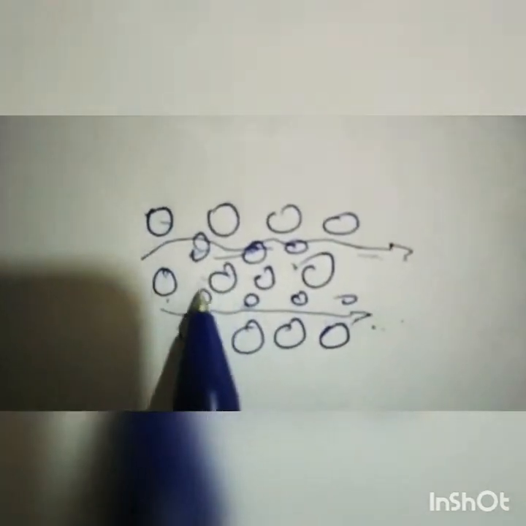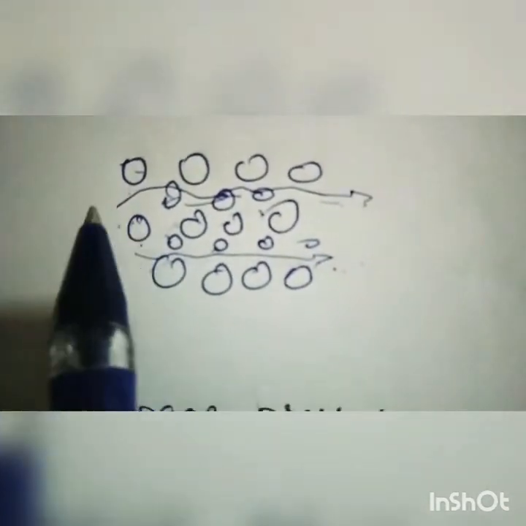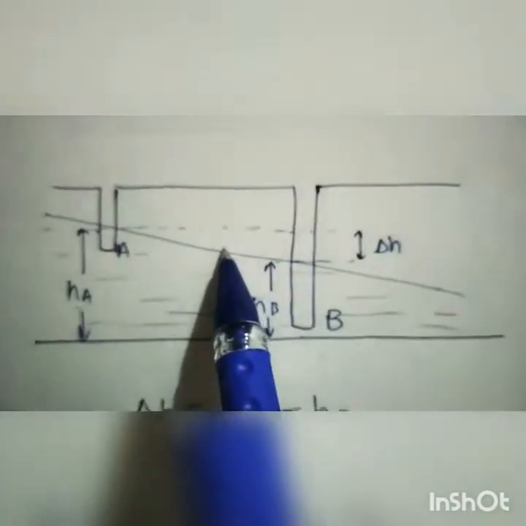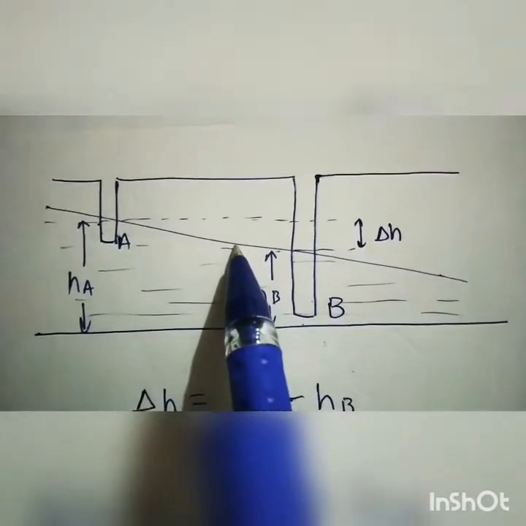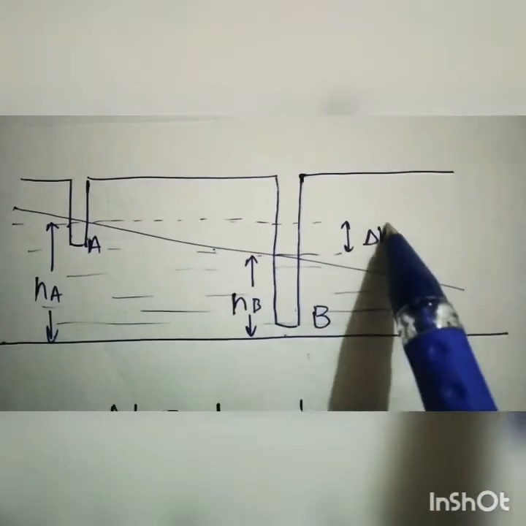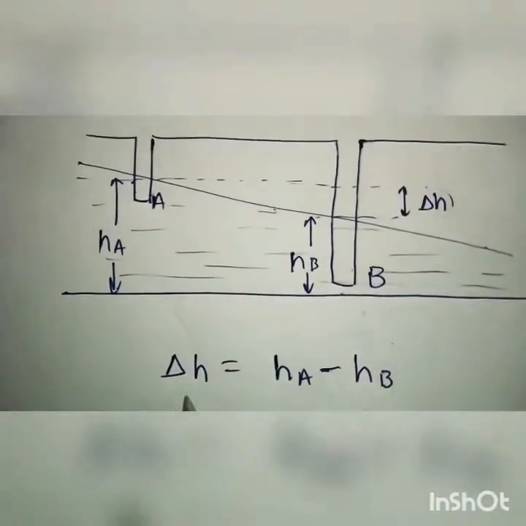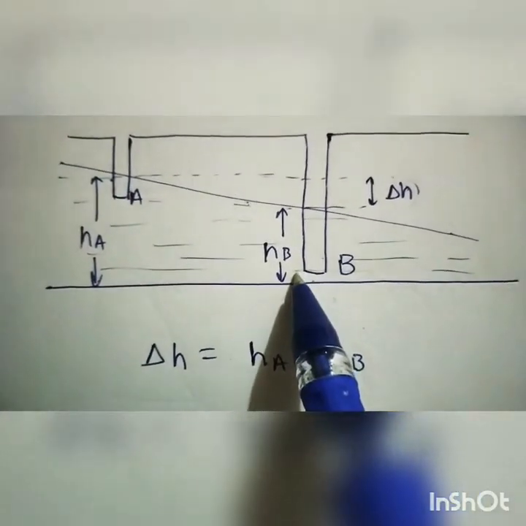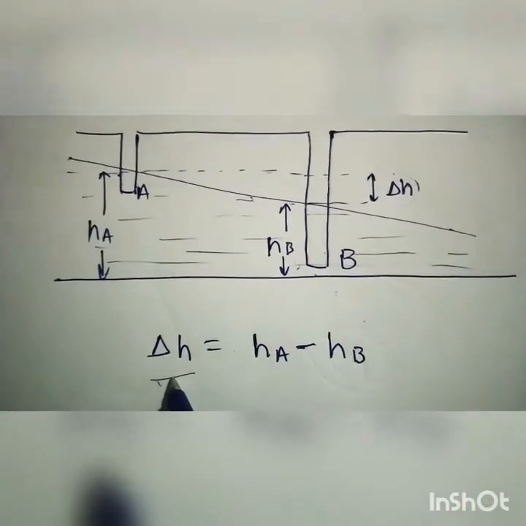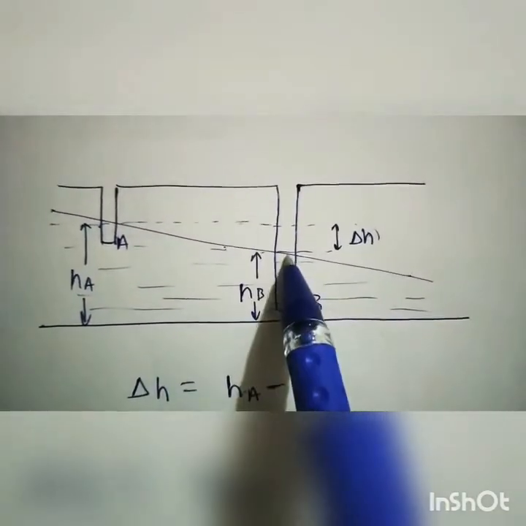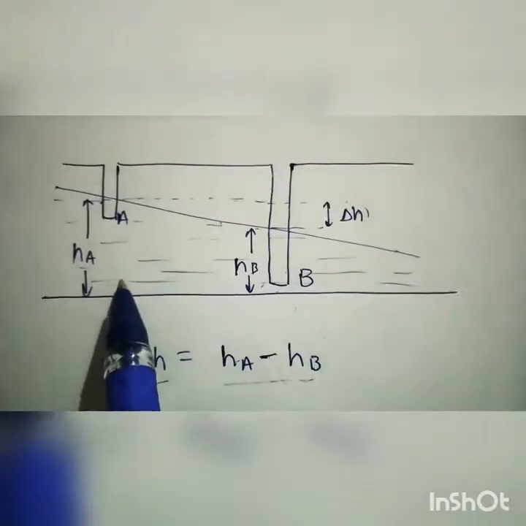In the same way, when water is flowing from one side to another side, there must be some head difference. That's why it's flowing like this, as we have seen. This is also called the head loss and is denoted by delta H. So we can write delta H is equal to HA minus HB. This is the delta H, and these both are the piezometric heads.